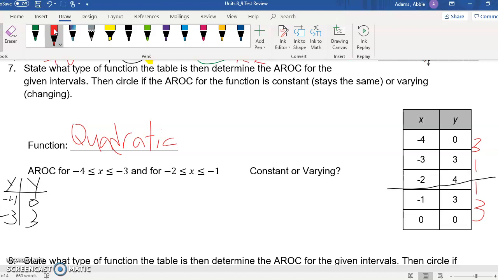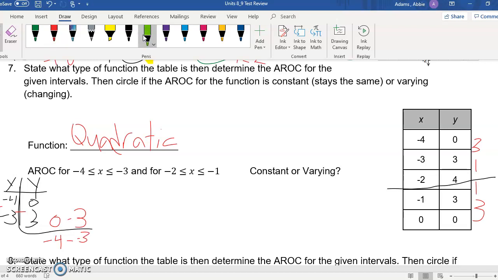And remember, your average rate of change is your change in y divided by your change in x values. So we're going to find the differences in our x's and the differences in our y's. Your differences in your y's are going to be in your numerator. So this is going to be 0 minus 3, divided by the differences in x, which is -4 minus -3.